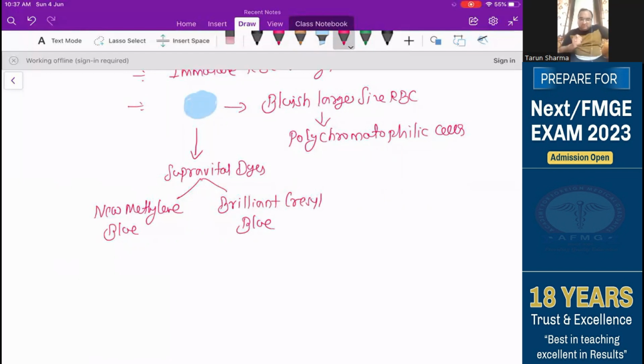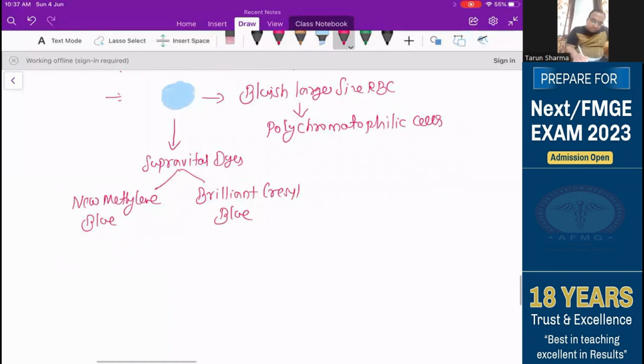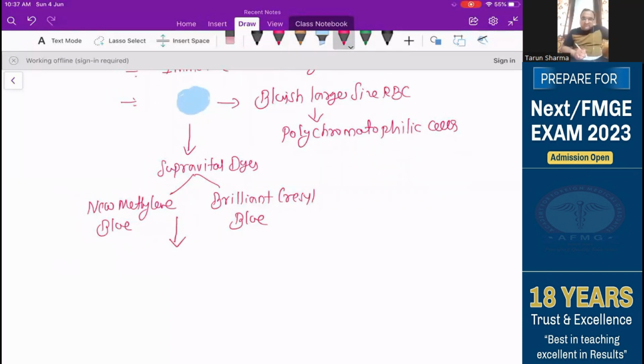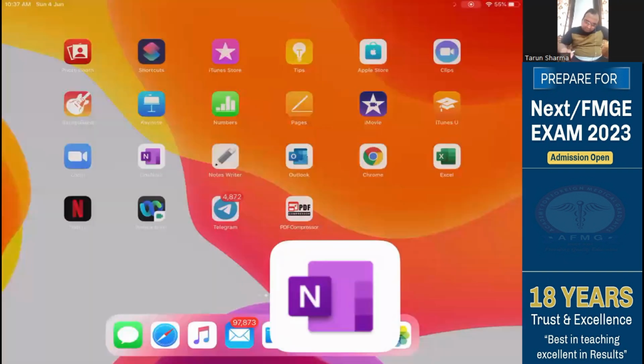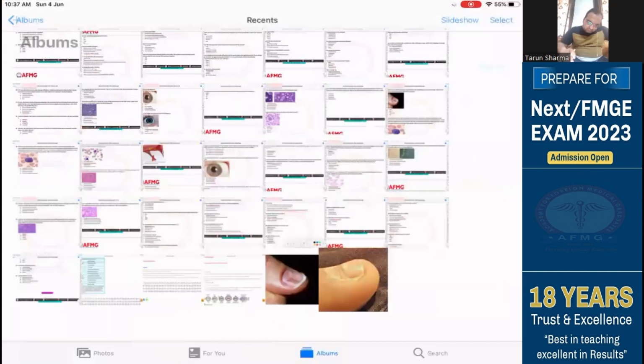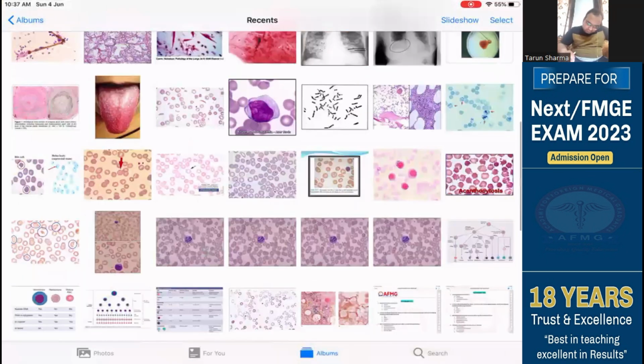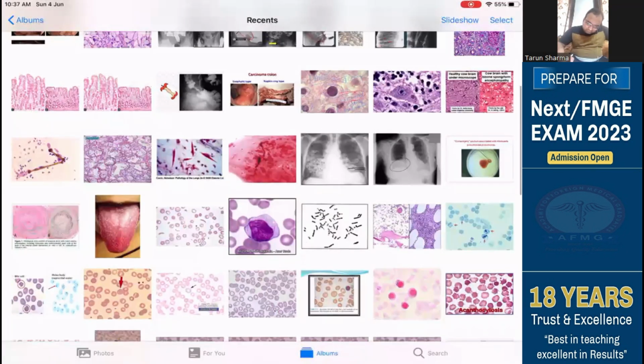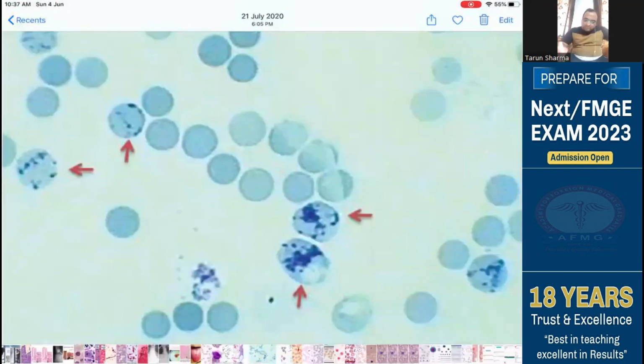So now how will reticulocytes appear on this stain? Let me show you the actual photograph.